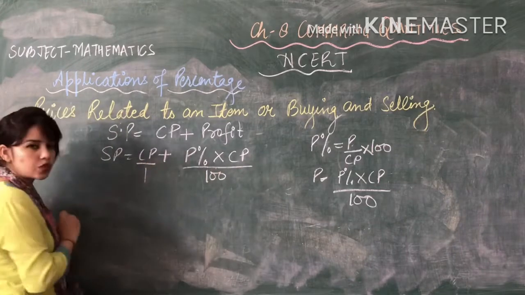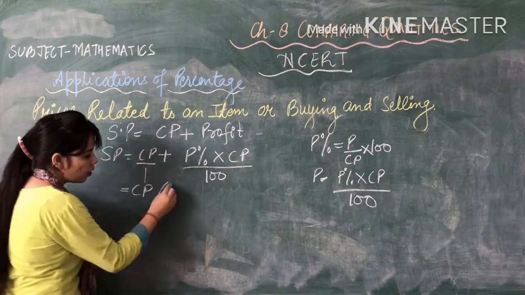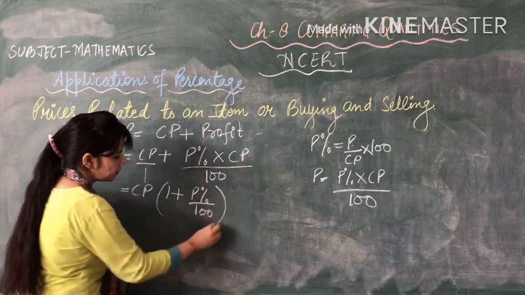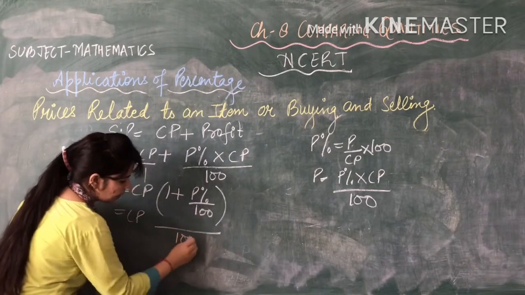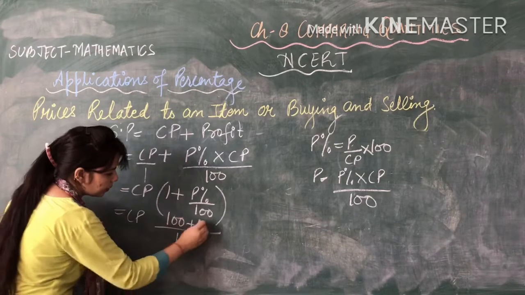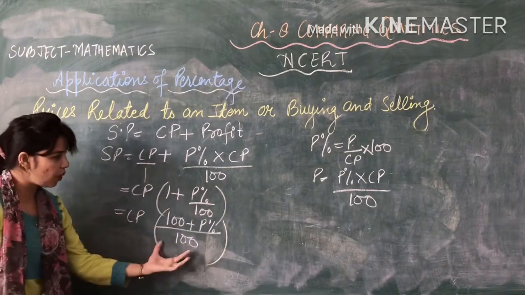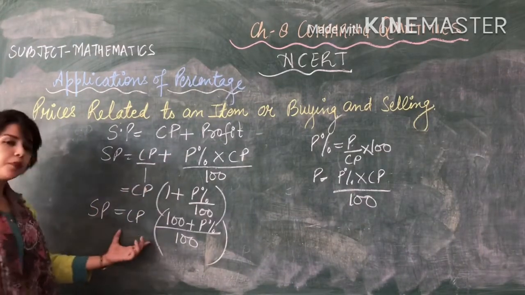Here we can suppose there is 1. Now cost price is common, so 1 plus profit percent upon 100. Taking 100 as the LCM, it can be written as CP into 100 plus profit percent upon 100. You can apply this derived formula to calculate the selling price.